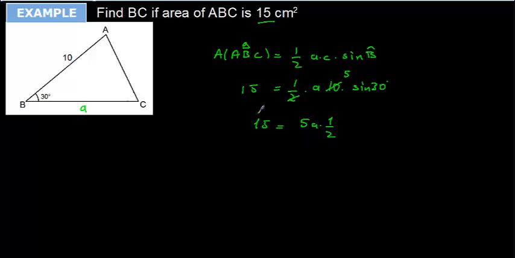So 2 goes up, 15 times 2 is equal to 5A, and 15 times 2 over 5 is equal to A. 15 and 5 if you simplify, this is going to be 3 and this is going to be 1, and 6 is equal to A. So A is equal to 6, which is the side BC at the same time.